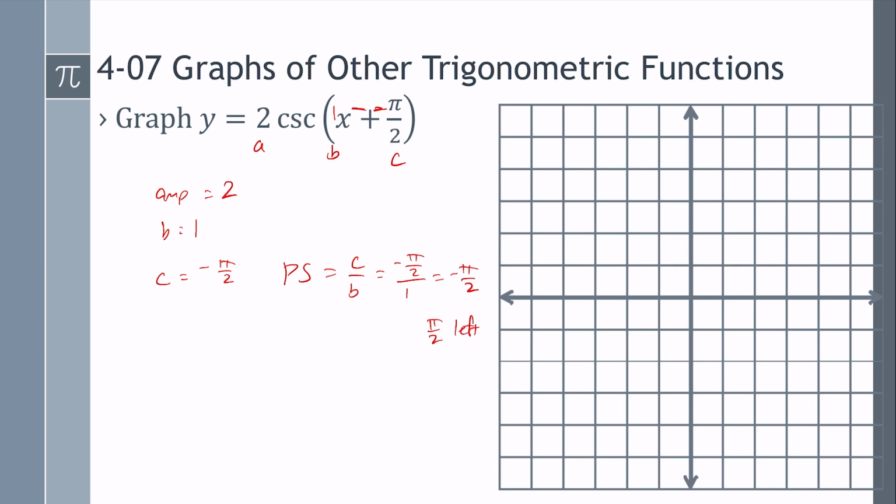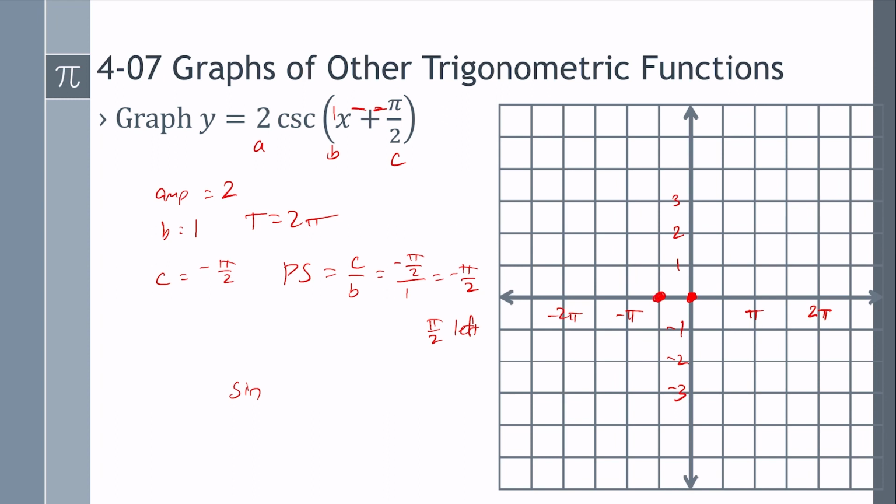Our period is still 2 pi, so I'll go 4 spaces over, put my period. All right, and let's start by graphing. Since it's cosecant, we'll graph sine. So sine starts at 0. Oh, but I'm shifted pi over 2 to the left, so it's actually there.